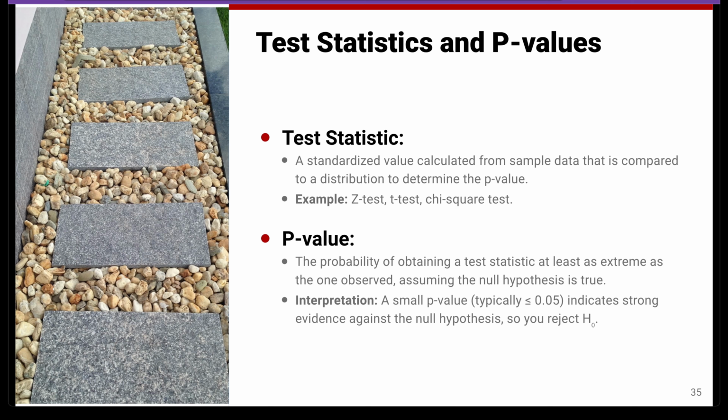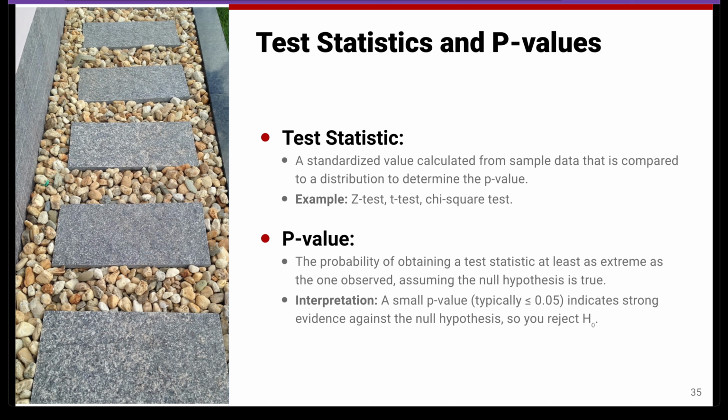It's important to realize that when we calculate a p-value, we only do it per test. And I have another slide, and I know about that because I've seen that go sideways too. But it's a probability of obtaining the number we calculated, the test statistic, at least as extreme as the one observed, assuming the null hypothesis is true.